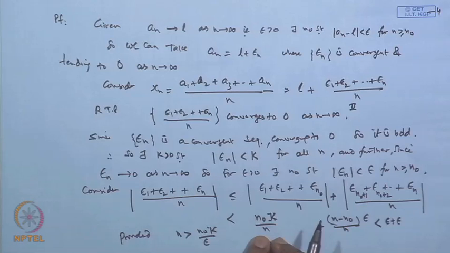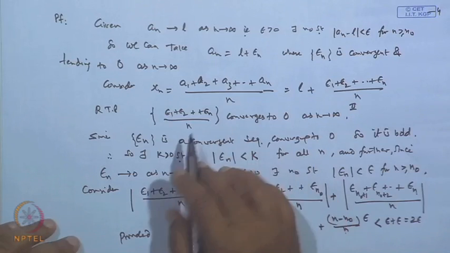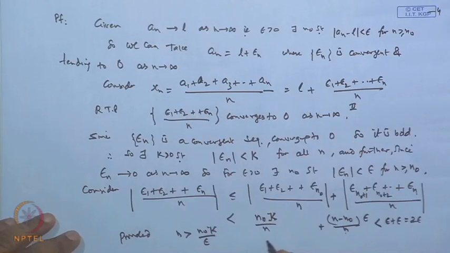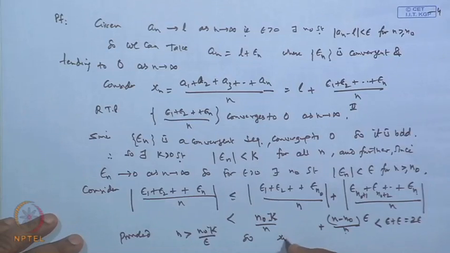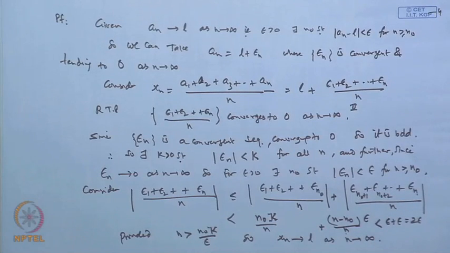If I take n to be greater than this, then this part is less than epsilon, and this is less than 1. So, this is already less than epsilon. So, total is less than 2 epsilon. So, this part, when n is sufficiently large, goes to 0. Then once it goes to 0, this sequence x n will go to L. So, x n will go to L as n tends to infinity. Is it okay? That's right.